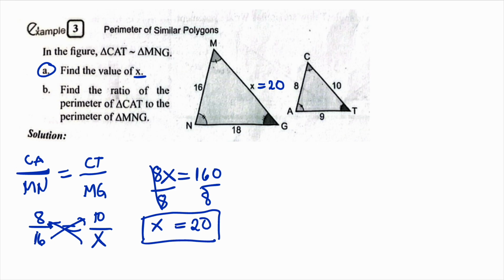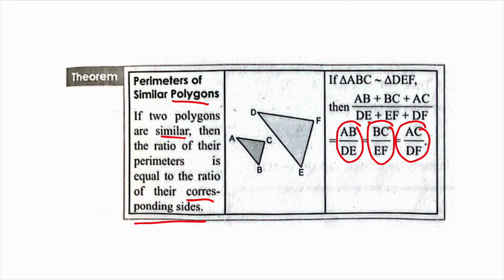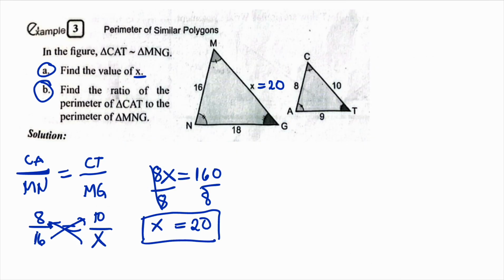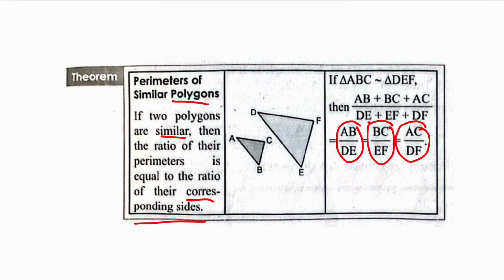Now, the second problem would be, we have to find the ratio of these two polygons, of these two triangles. So, using the perimeter of similar polygons theorem that I've shown you in the first part of our discussion, we're going to use that particular theorem.